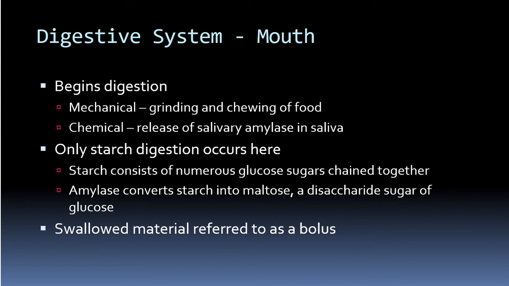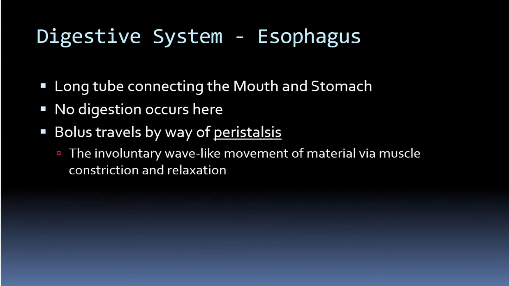Now, there is a term for the material that you swallow, that material which is partially digested starch and saliva and food mixed together. That will be called a bolus.